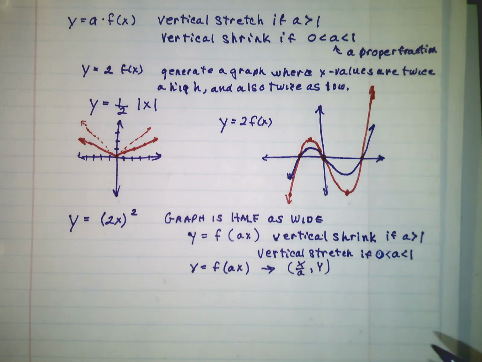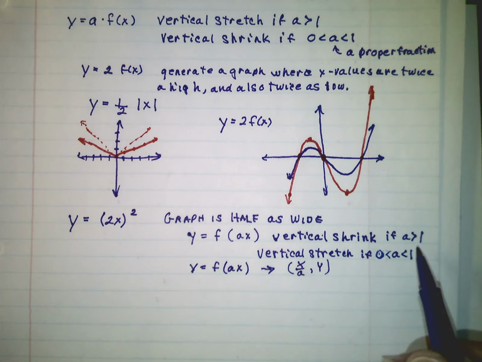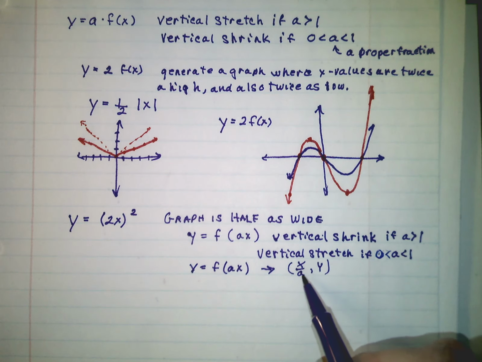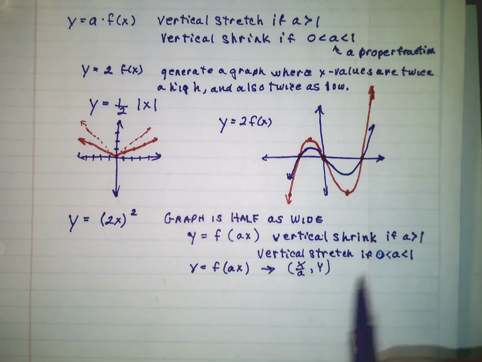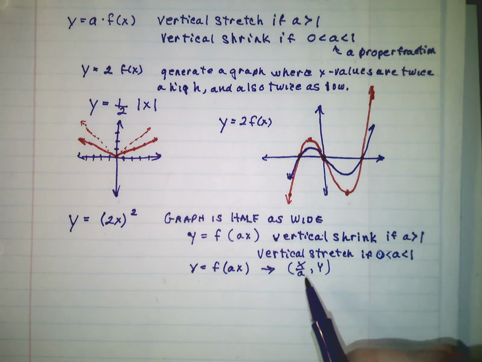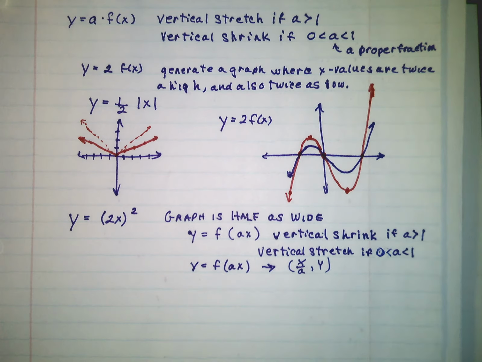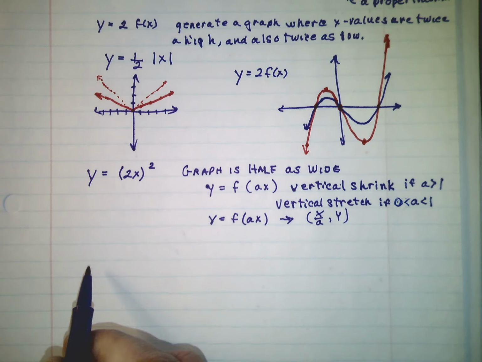Keep the y values the same. So if we are multiplying by something bigger than 1, this is going to get smaller. If we multiply by some fraction that's less than 1, x divided by that fraction is going to get bigger. So we'll try it with this case here.